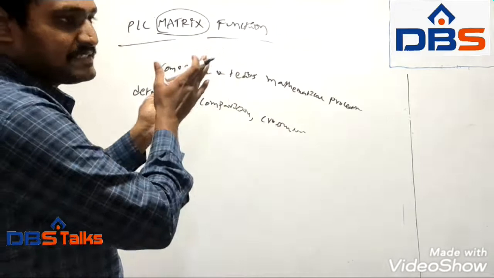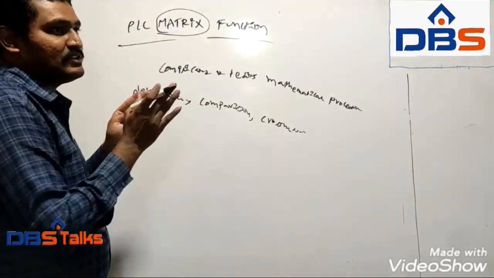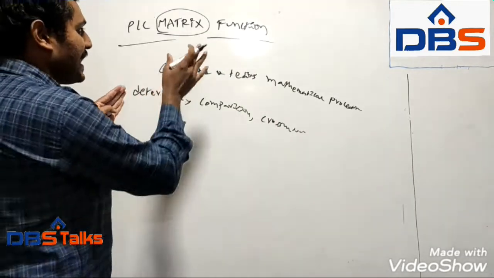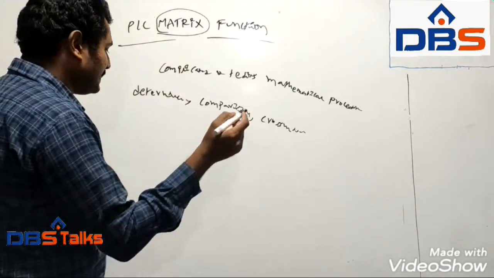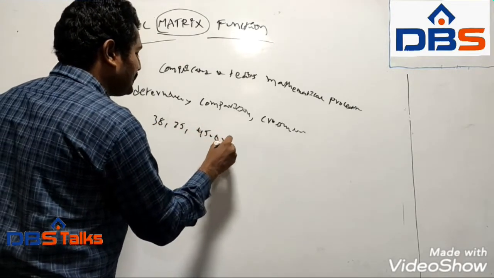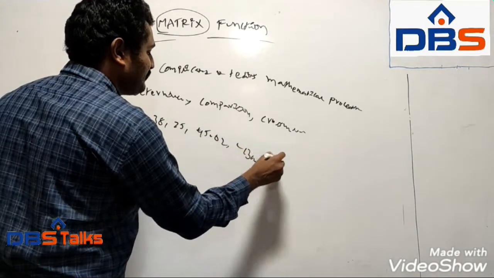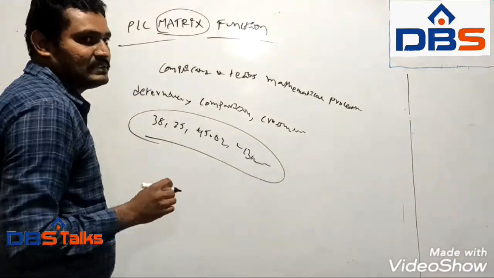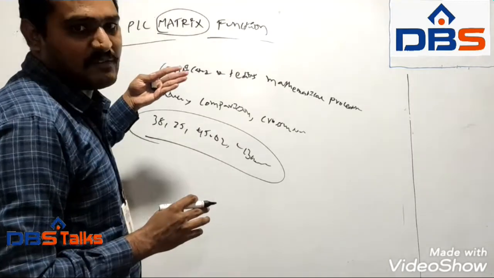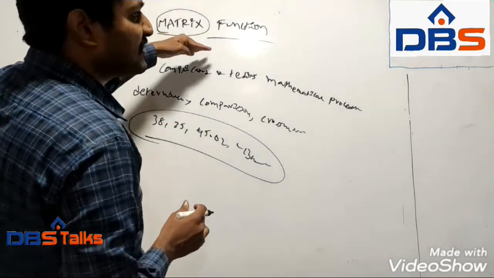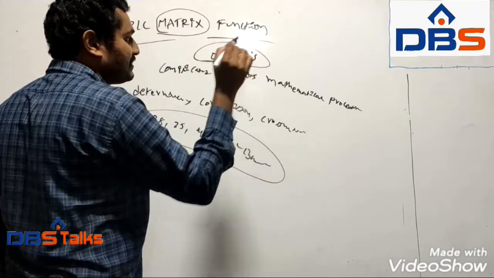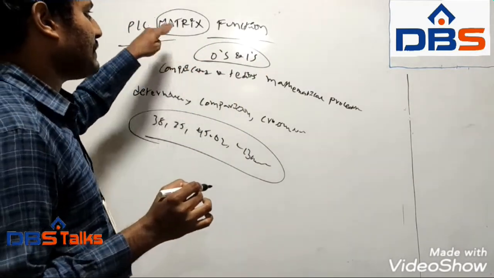In conventional matrix algebra, we use decimal values such as 38, 25, 45.82 and minus 1367.47. But in the PLC matrix function, we use only zeros and ones, that is, only binary data to insert values into the matrix functions.